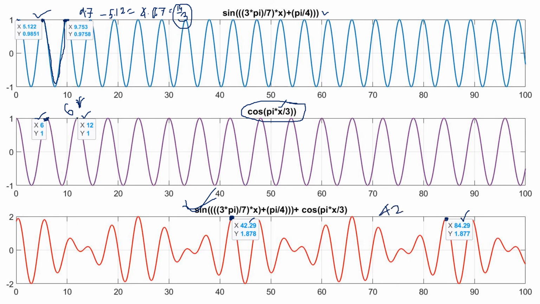This is a very simple calculation. 84 minus 42 leads to 42, and that is the fundamental period in this case. Likewise, you can always verify your answers using MATLAB. Such simulation tools I have given here for your reference. Hope this will help you in understanding how the fundamental periods change when you add two sinusoidal or periodic signals.